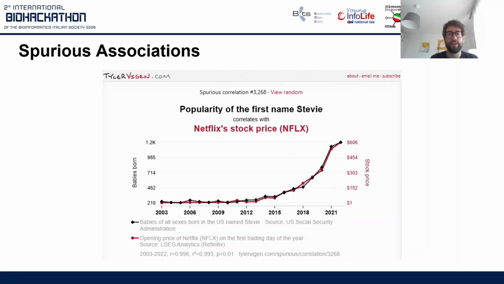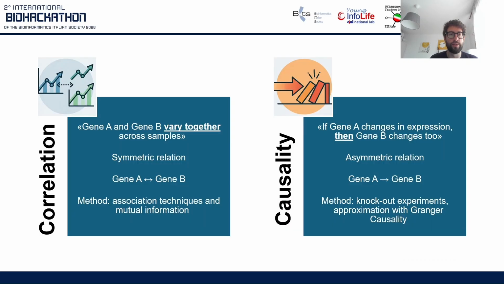For example, in this case, the popularity of the first name Stevie is actually correlated perfectly with the stock price of Netflix. And they are actually not related at all, but still they correlate a lot. So we need to try to avoid this kind of spurious correlations.